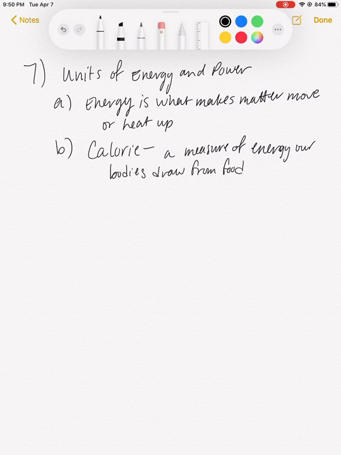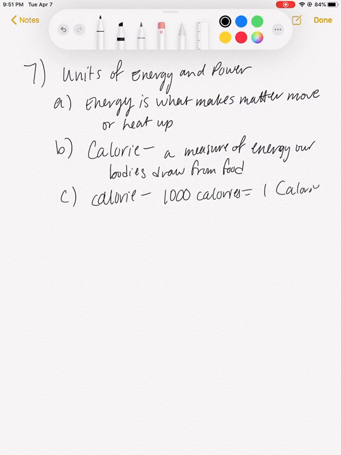So what is a little calorie? Well, the little c calorie is the same thing, but 1,000 of them put together is equal to 1 big calorie, big C calorie. Okay. Typically, humans draw about 2,500 big C calories from their food.